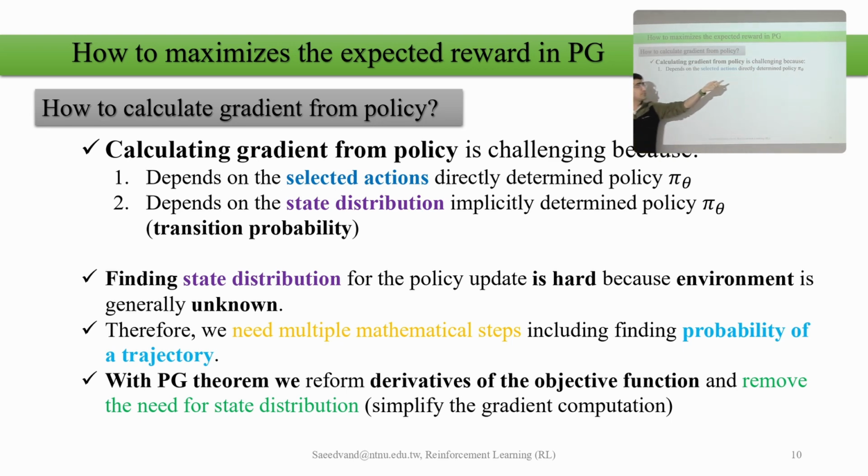And not only that, it also depends on the state distribution or transition probability that I have. These two together, the transition probability or state distribution, also come from the policy pi, the same network that is trying to give me the policy.